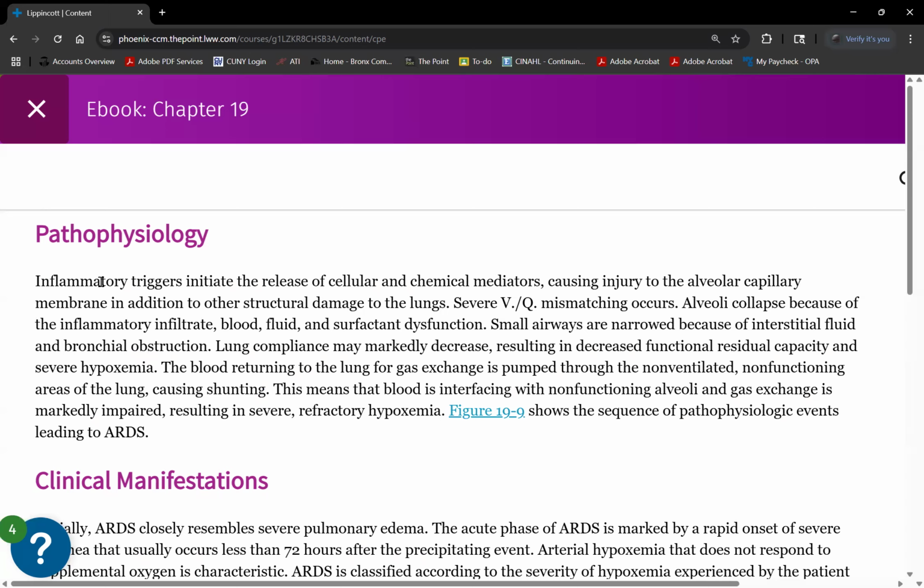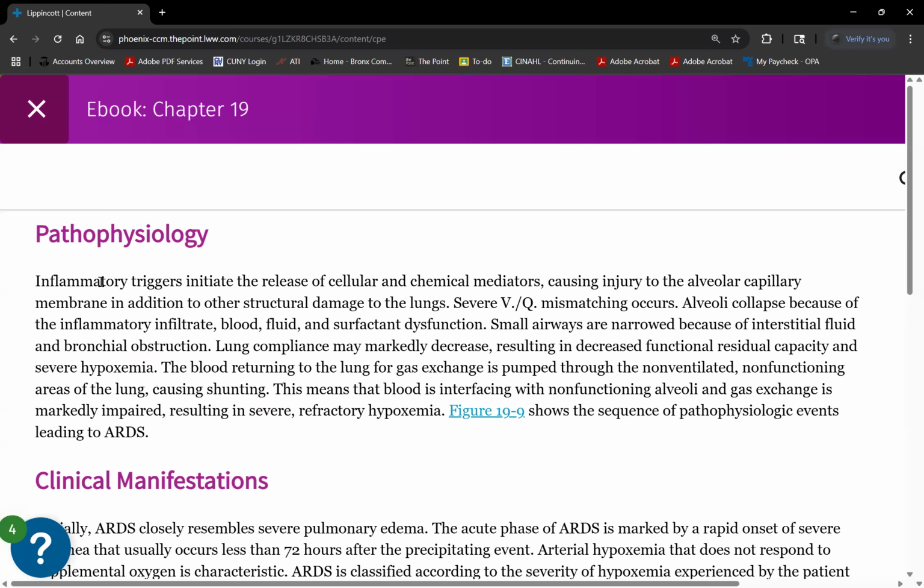And what will enter the alveoli? All of these liquid here will enter the alveoli. So your lungs are wet. You're literally drowning. Okay? So how do you ventilate a wet lung? How is gas exchange possible?